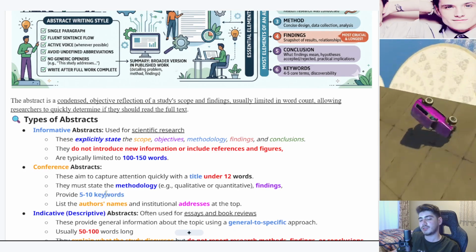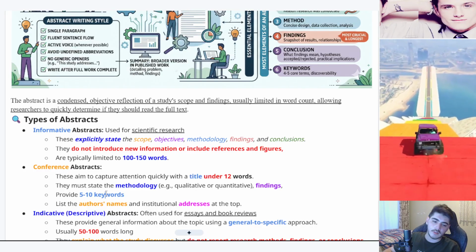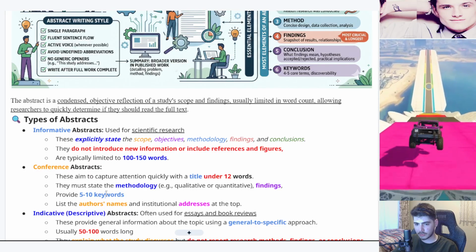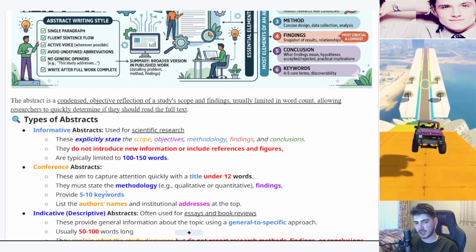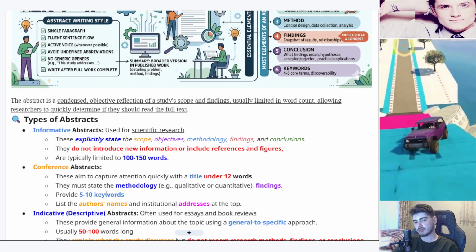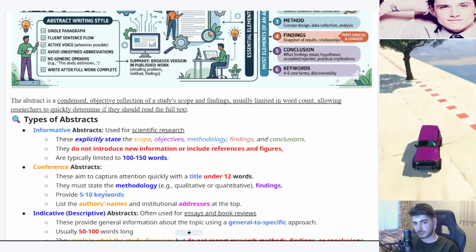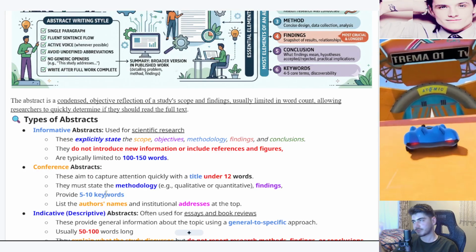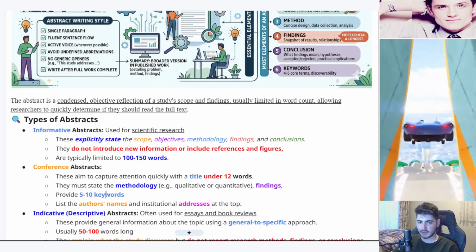So when you are in that conference, the people that are making the conference can actually sort through the research papers that have been given. So using those 5 to 10 keywords, they can sort your research paper to the designated area.